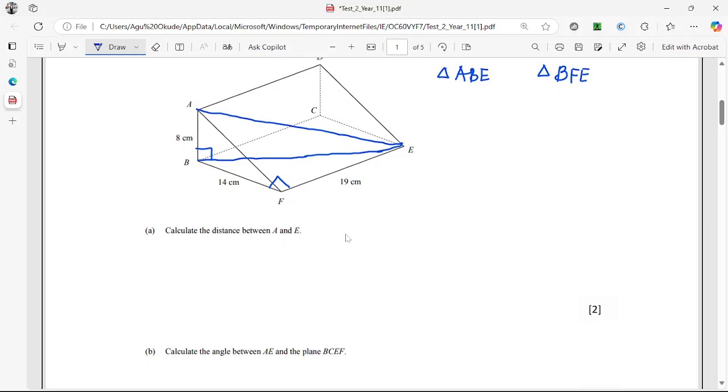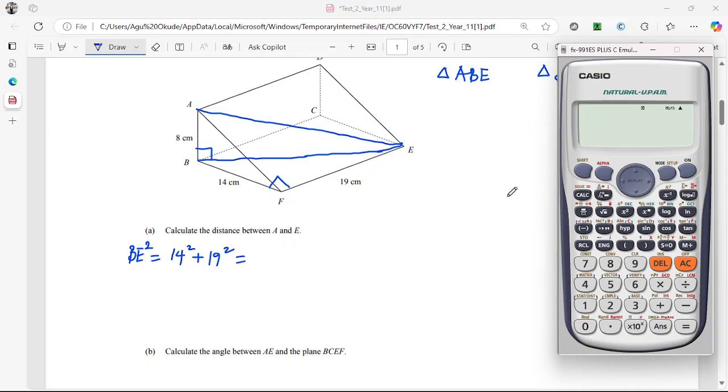Now for me to find the length of AE, I need the length of BE. So I'm going to apply Pythagoras theorem. Since BE is the longest side, I have BE squared is equal to 14 squared plus 19 squared.